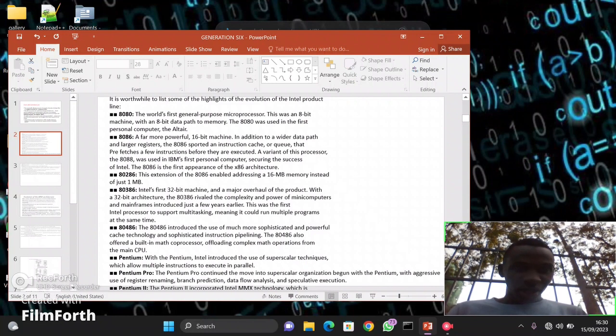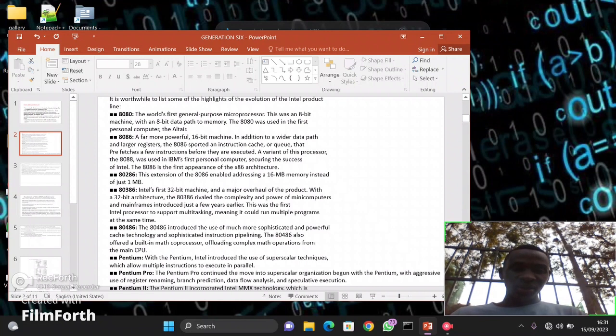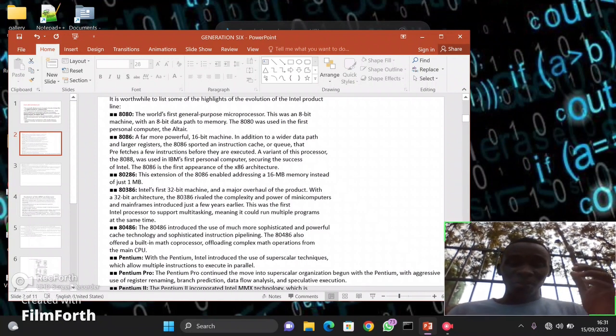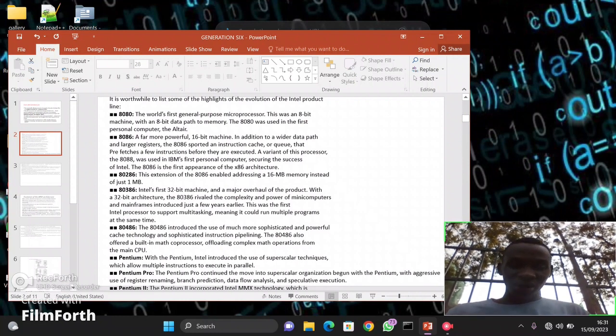Going to the 80386, this is Intel's first 32-bit machine and a major overhaul of the product. With a 32-bit architecture, the 80386 rivaled the complexity and power of minicomputers and mainframes introduced just a few years earlier.